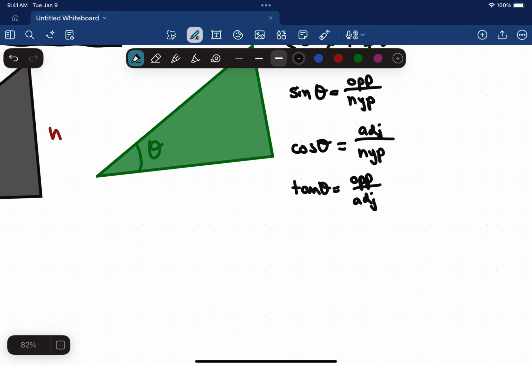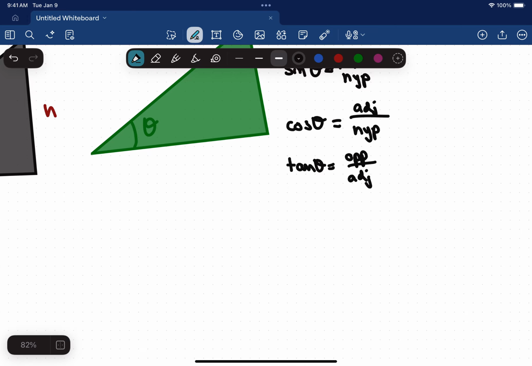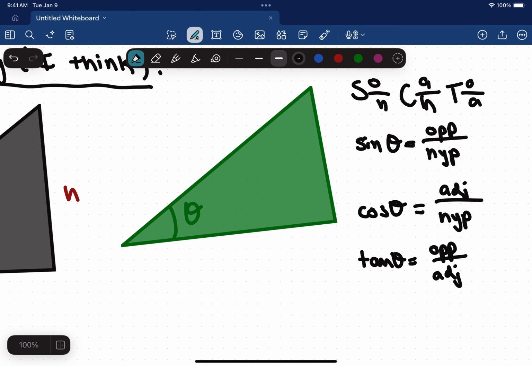So, when you're given a triangle like this, whatever side that little curve is touching is going to be adjacent.